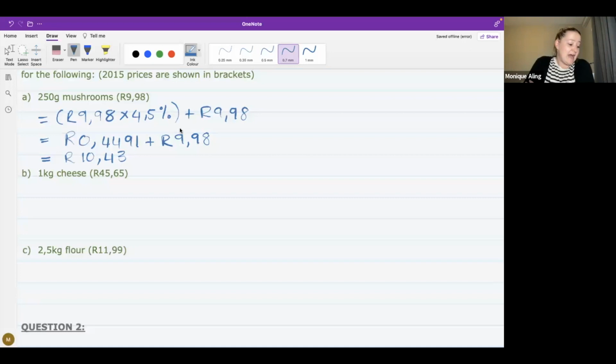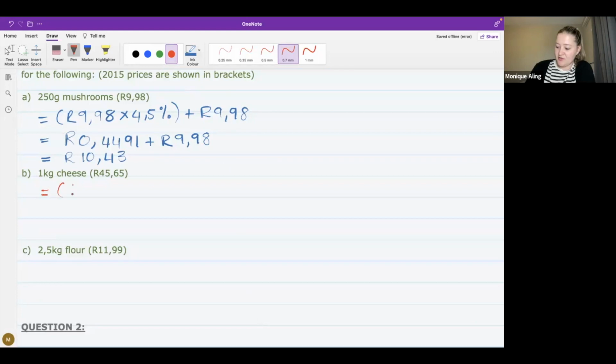So let's look at cheese. What do we get for cheese? The new price of cheese, according to inflation, is going to be, nice, 47 Rand 70 cents.